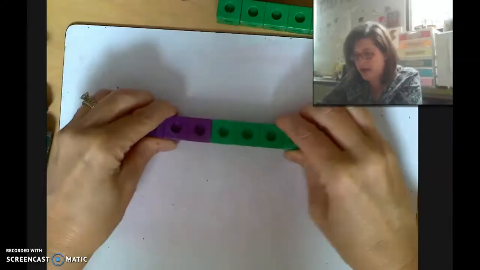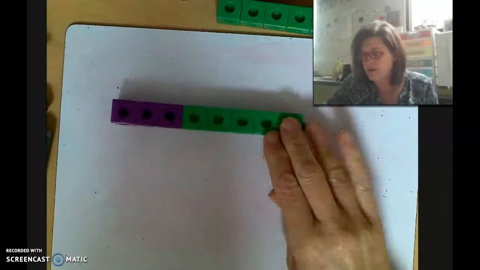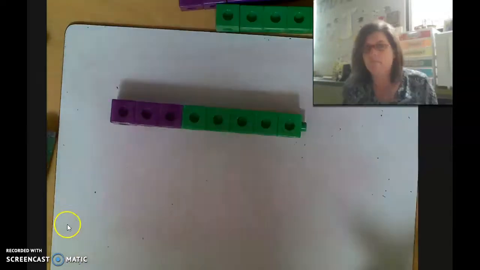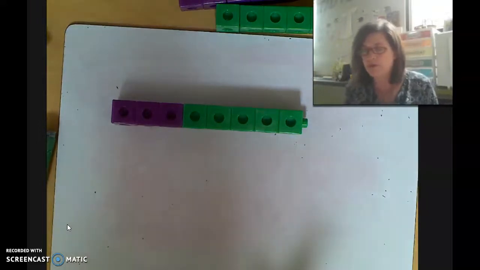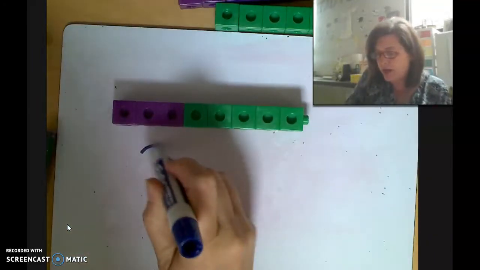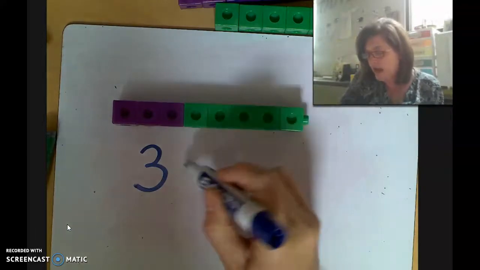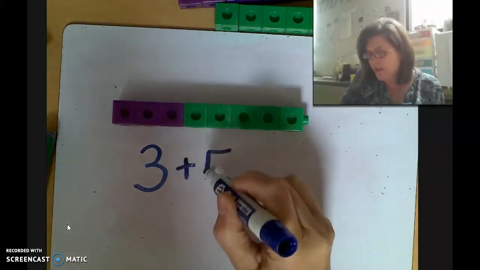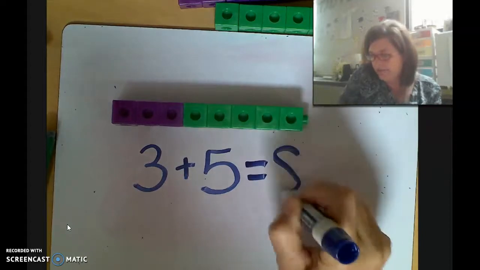And connect them together to make a train. So with my train, I have 2 numbers. Well, remember, they're called add-ins this time. My first number is 3. My second number is 5. 3 plus 5 equals 8.